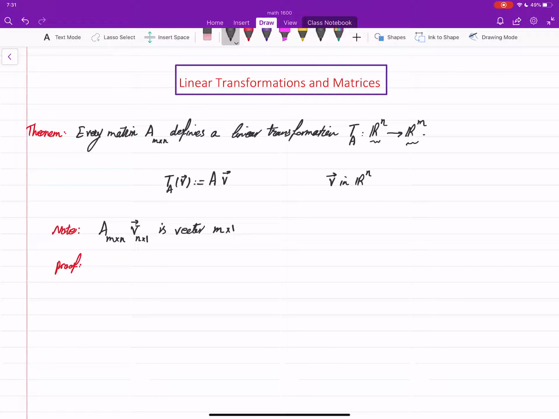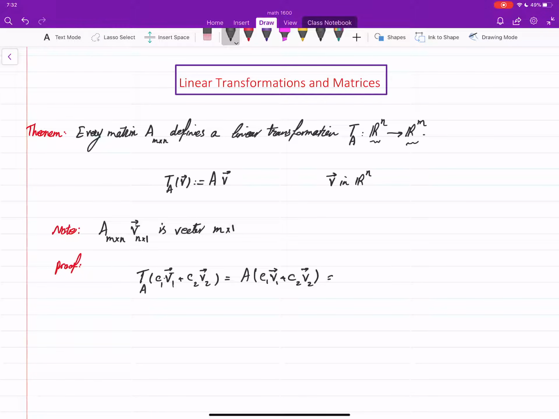To show that it is a linear transformation, what we need to check is that if I fix a matrix A and take C1V1 plus C2V2, this gives me A times C1V1 plus C2V2. This is matrix multiplication.